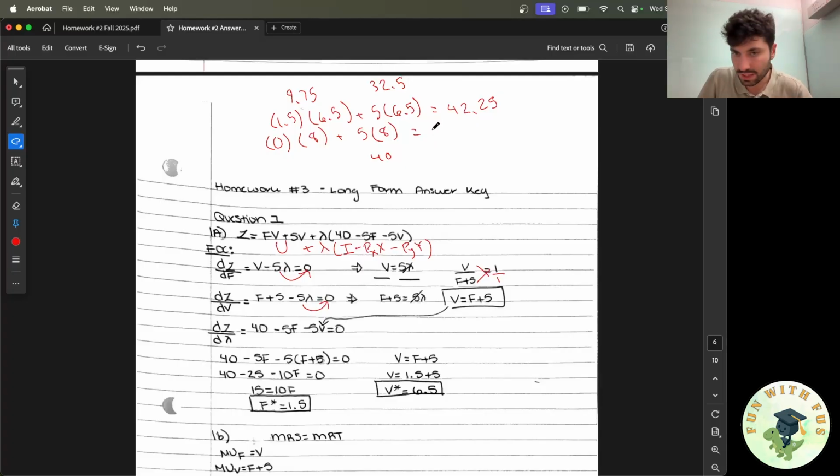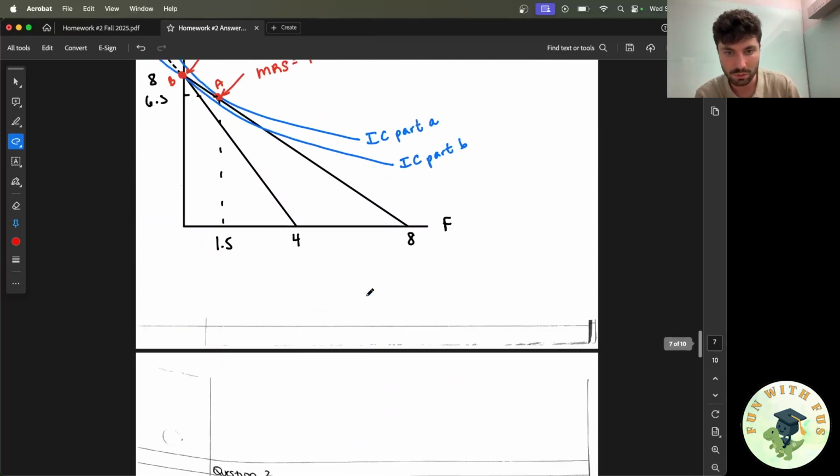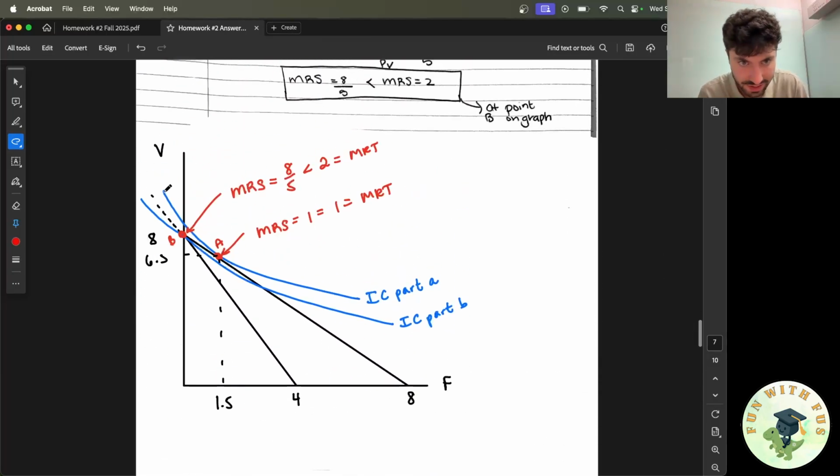So why did I do all this, you might be wondering? To show that this was from part A and this was from part B. So in part B, our utility was 40. And in part A, our utility was 42.25. And why this is important is because since part A gets more utility, that's going to be on the higher indifference curve.